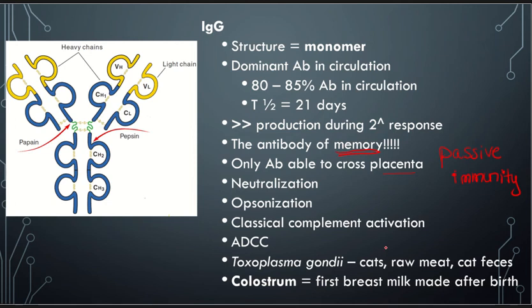So let's see. The FAB portion up here of this IgG is going to bind to the epitopes of an antigen, and the FC portion right here is what's going to bind to the phagocytes and act as opsonins, just like C3b.